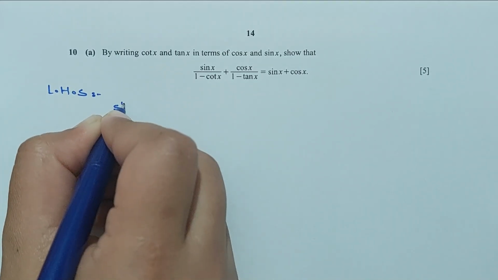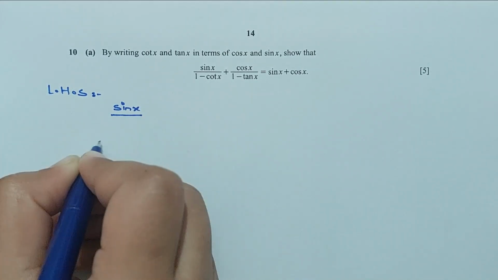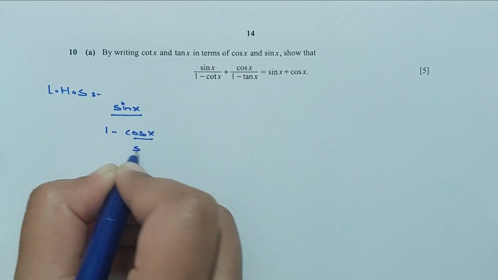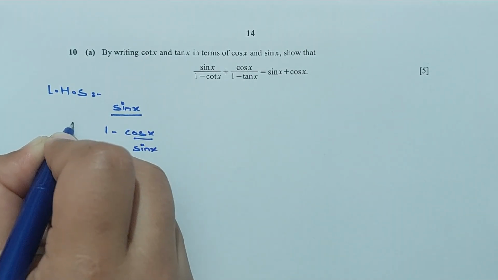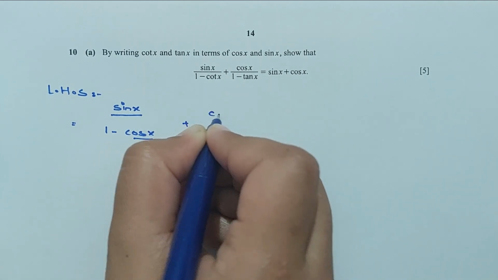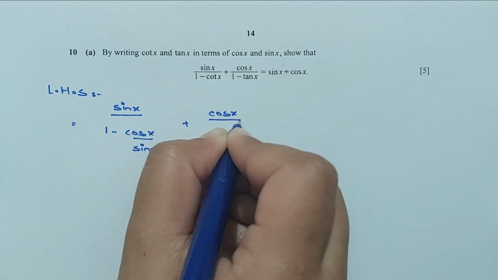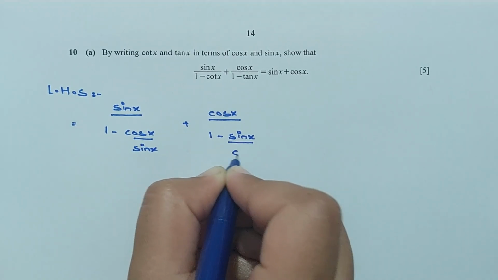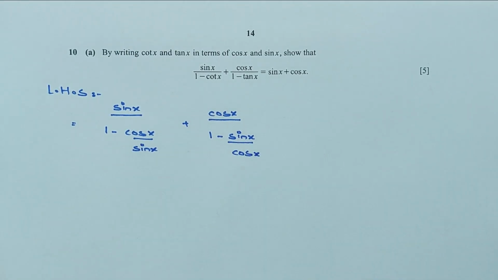We have sin x over 1 minus cos x over sin x plus cos x over 1 minus sin x over cos x, right?